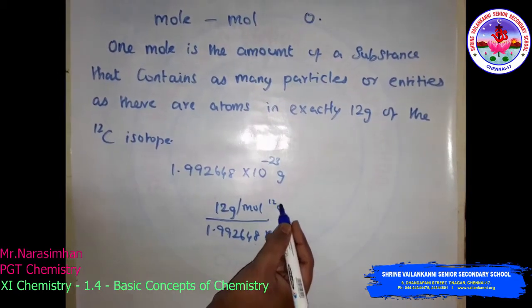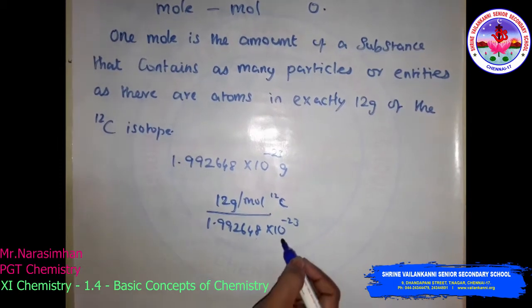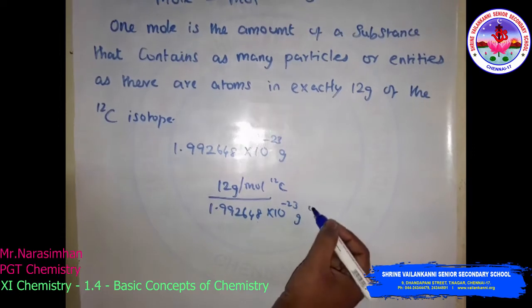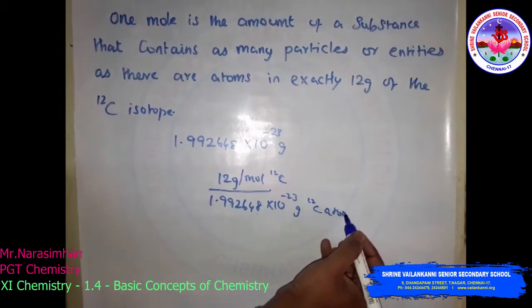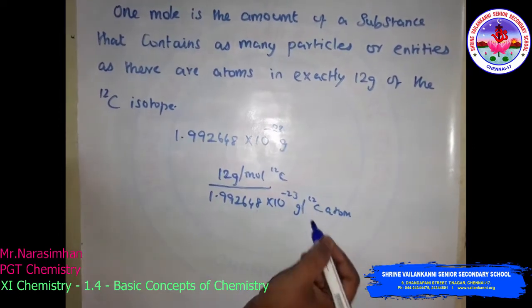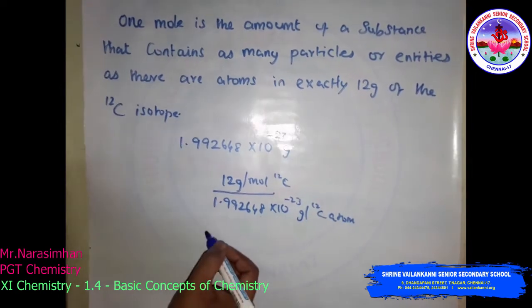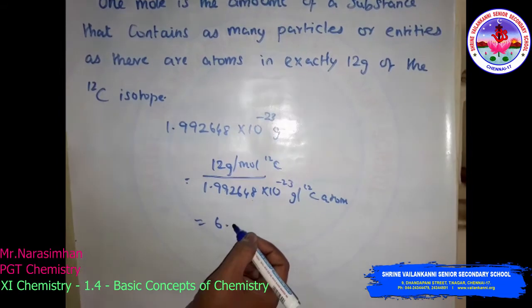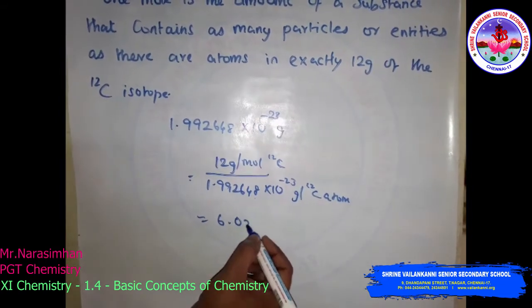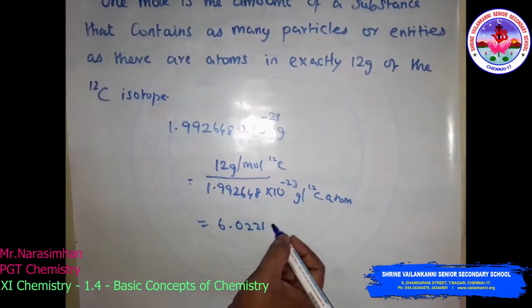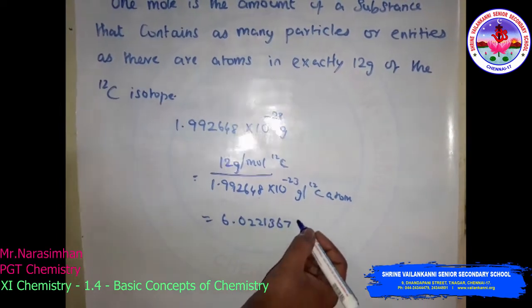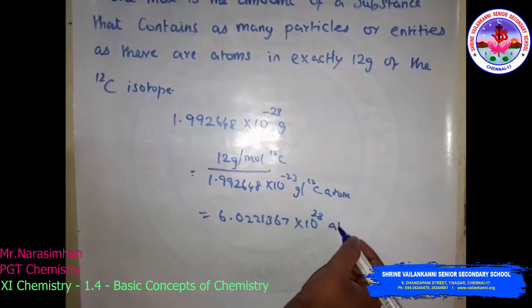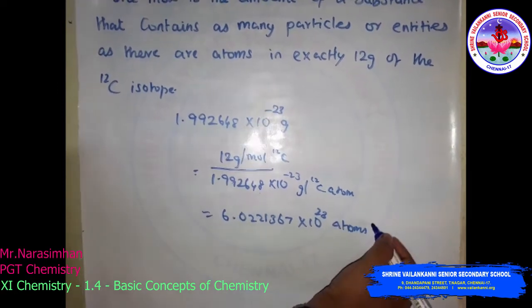Simplifying this, we get 6.022137 into 10 power 23 atoms per mole.